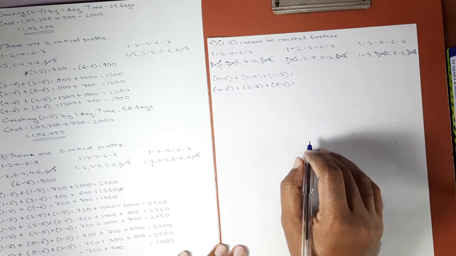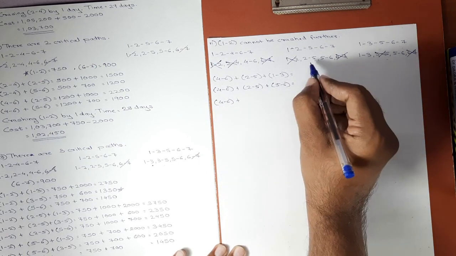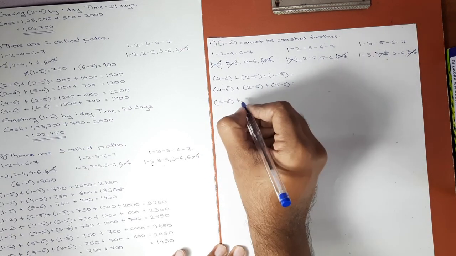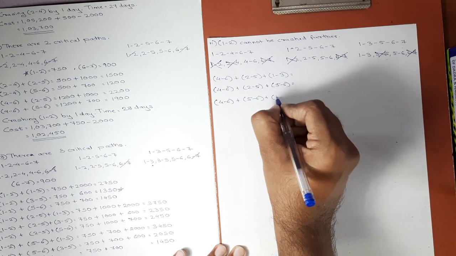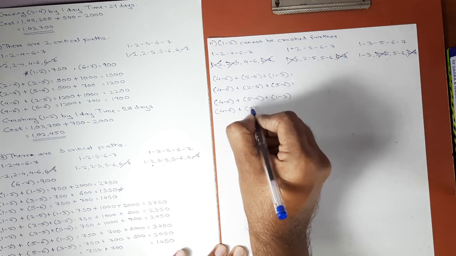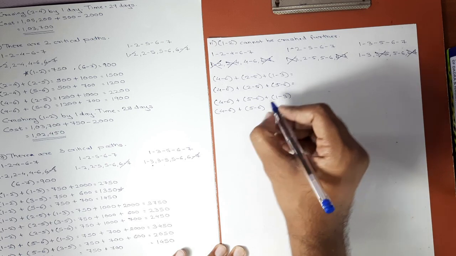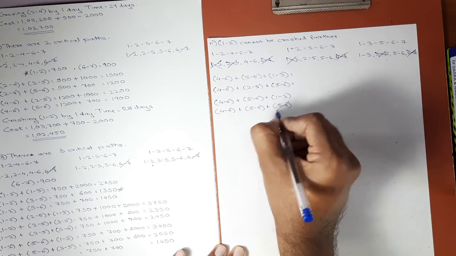Our third combination will be 4 6. Now we'll be taking second activity from second path, 5 6 plus first activity from third path will be 1 3. Again 4 6 and 5 6 will be same. Here 1 3, 5 6. Here will be 5 6, but it will be taken only once.